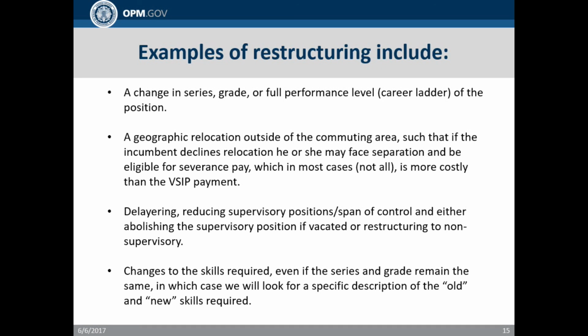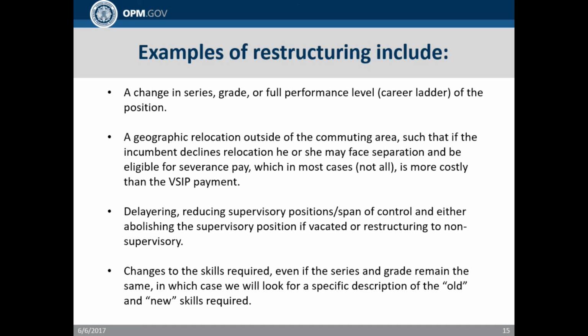Another example of restructuring is when the agency or the organization is looking to delayer, reduce supervisory positions, increase span of control. And in those requests, we would be looking for seeing that some of the supervisory positions would be abolished if vacated or restructured to a non-supervisory position.